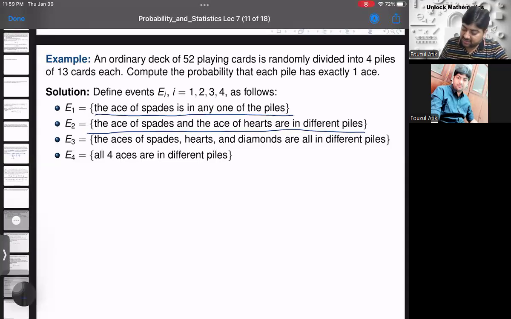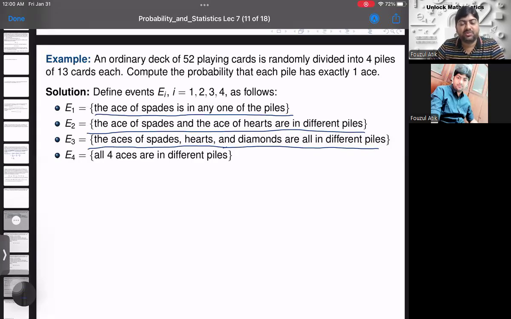What is the event E3? E3 is the event that the ace of spade, ace of heart and the ace of diamond are all in different piles. If I am saying the probability of the event E3, given that E1 and E2 happen, it means that the ace of spade is in one pile, the ace of heart is in another pile, and the ace of diamond is also in another pile, because 2 other piles are remaining.